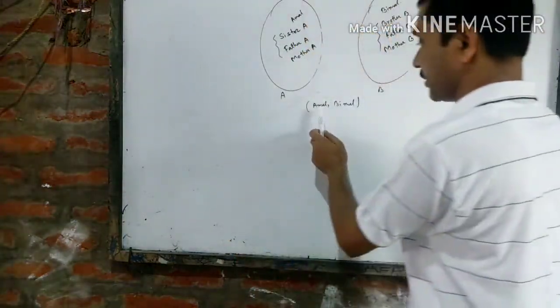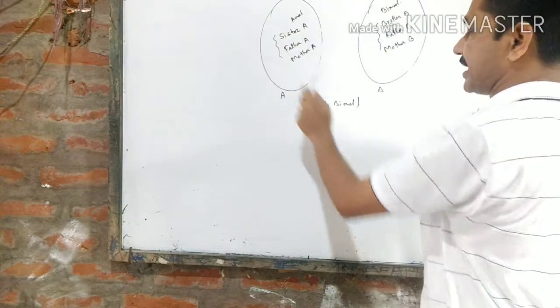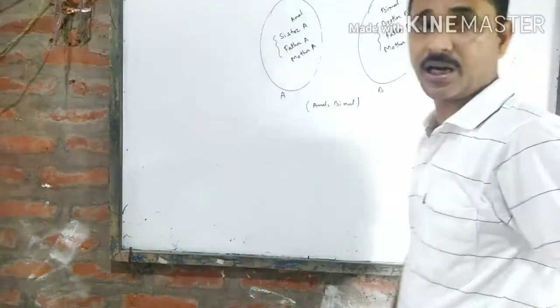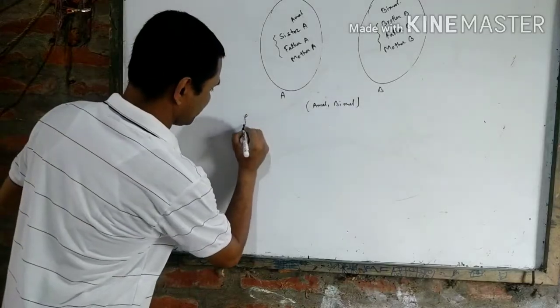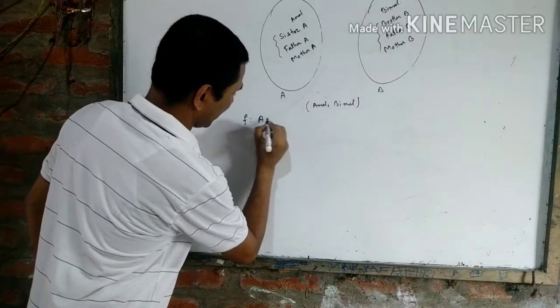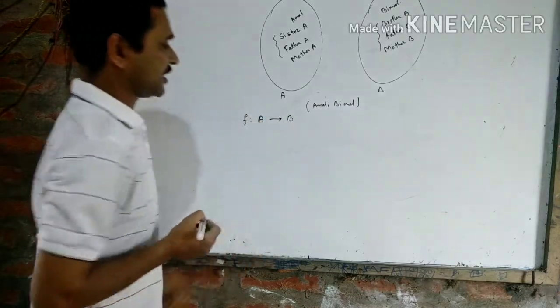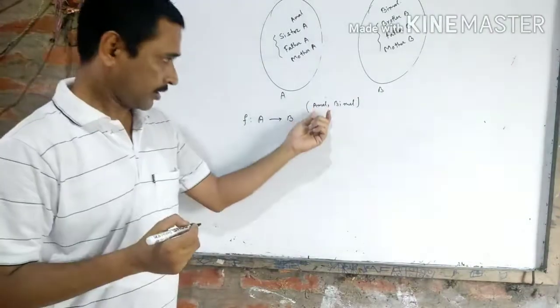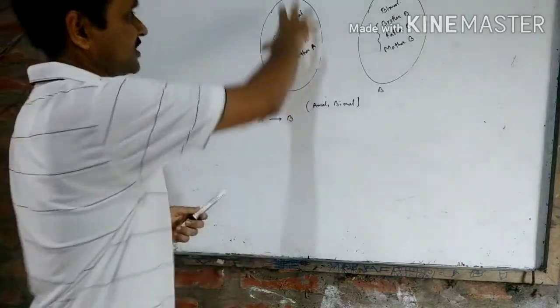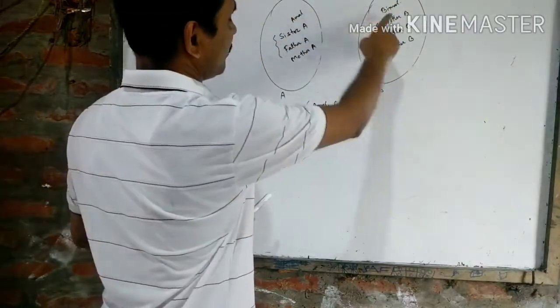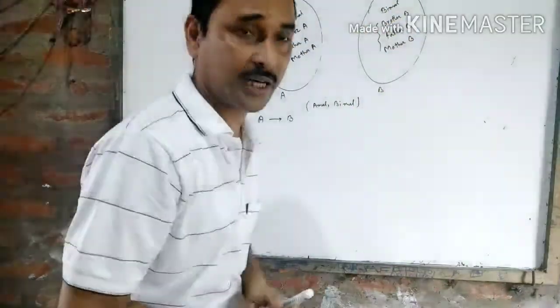And first component of the ordered pair comes from the first set, and second component of the ordered pair comes from the second set. Okay? So there is a relation of friendship from A to B, and under that relation, Amol and Bimol are related. From this whole set, only Amol and Bimol come, no other element comes to this set.